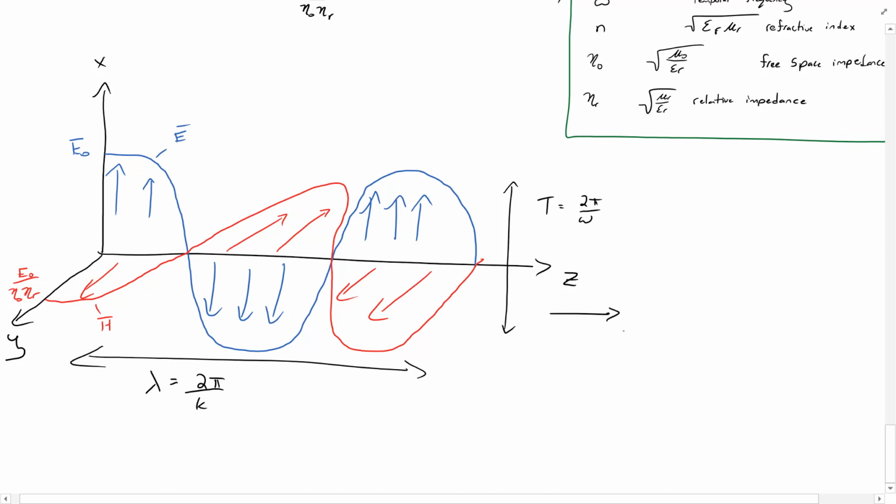Finally, we can define our wave propagation vector to be our temporal frequency times our refractive index, in the z direction, divided by the speed of light.